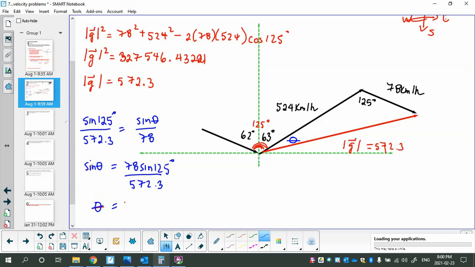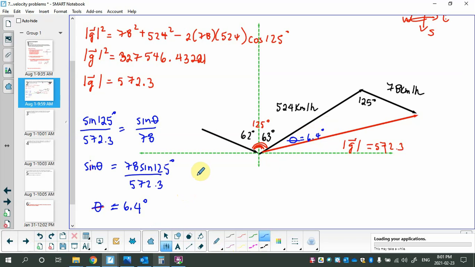Now that is not our answer. So don't get really excited, I say with a smile. So this corner here is 6.4 degrees.